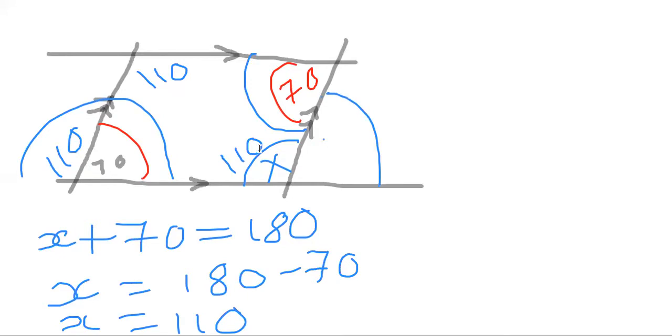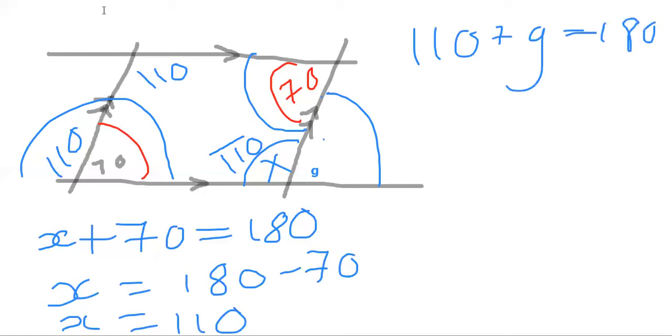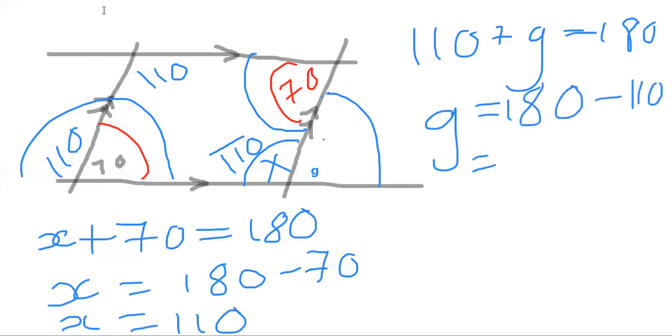If this is 110, then this here, the outer part, let me label it as G. Then 110 plus G equals 180. Then G equals 180 minus 110, which equals 70.